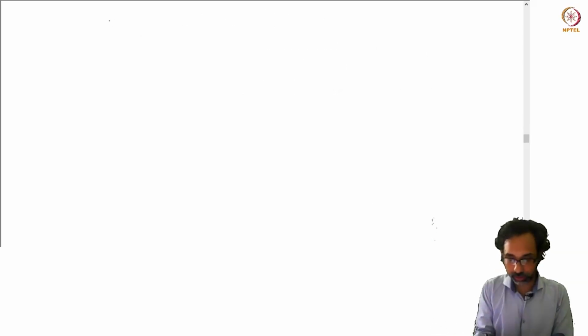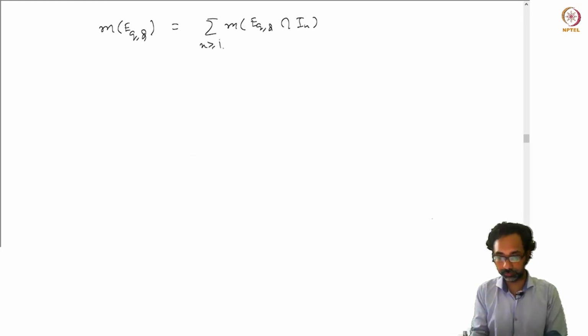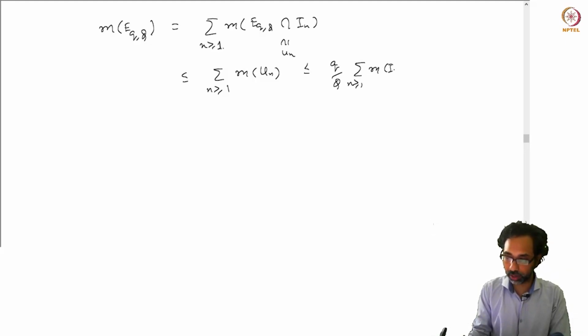And now we can finish the proof. So we have m of E_{q,Q}, this is equal to the sum over n greater than or equal to 1 of m of E_{q,Q} intersection I_n, and this is less than or equal to, since this is a subset of U_n, remember, the sum of m of U_n, which is less than or equal to small q over capital Q times the sum over n greater than or equal to 1 of m of I_n.